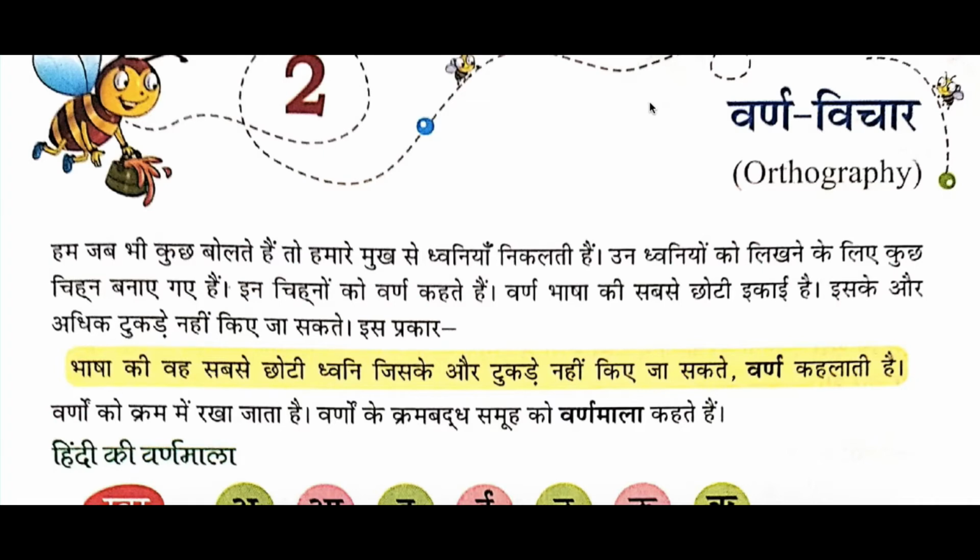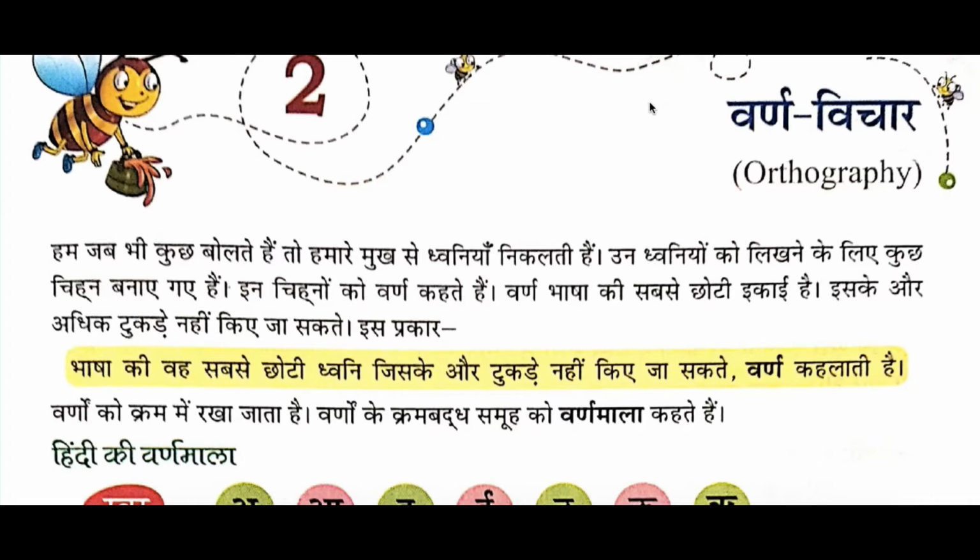So for that, some particular चिन्ह, marks, letters have been made. इन चिन्हों को वर्ण कहा जाता है. वर्ण भाषा की सबसे छोटी इकाई है.